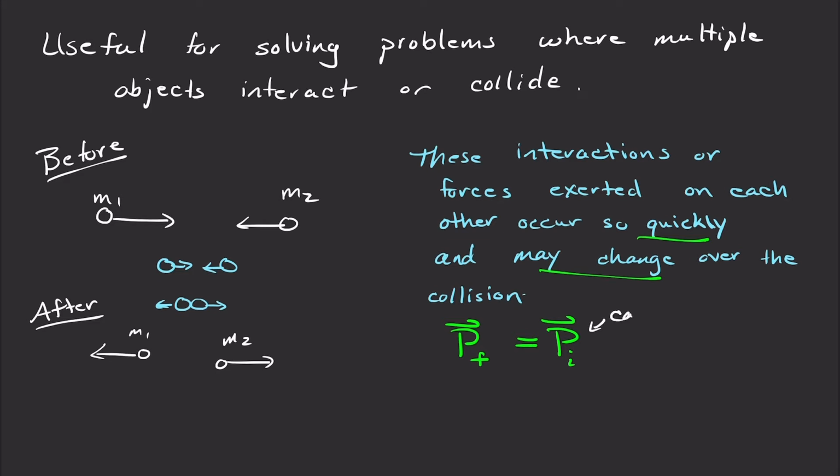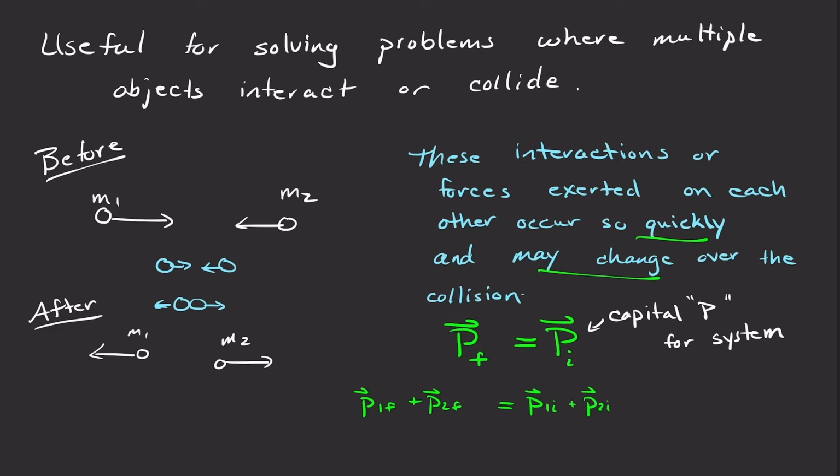So we use capital P when referring to the momentum of the entire system. And so our entire system would be the momentum of block 1, so P1F plus P2F, and these are lowercase since it's just a single object, is equal to P1 initial plus P2 initial.